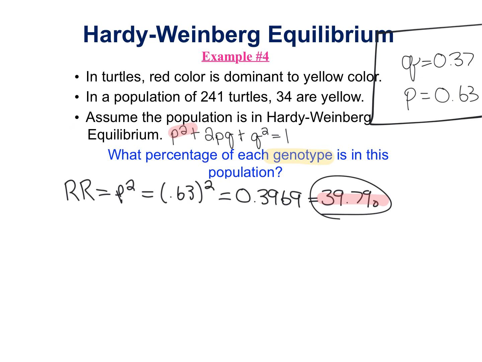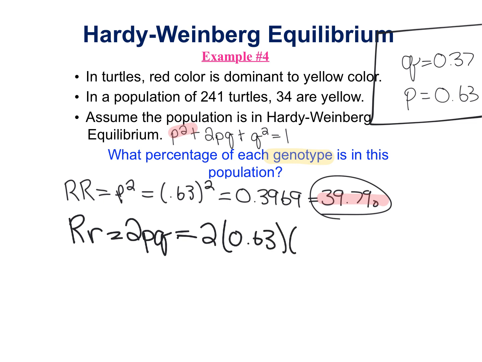So the second genotype that we need to figure out is going to be big R, little r. And big R, little r is representing our 2pq. As we just got on the last page, we know that we have answers for p and q, so we're just going to fill it into the equation. So we have 2 times p, which is 0.63, times our q, which is 0.37.